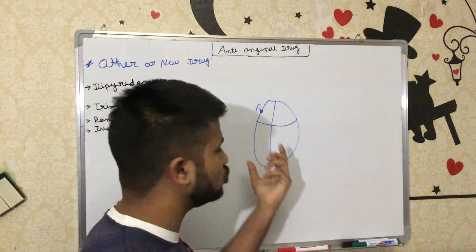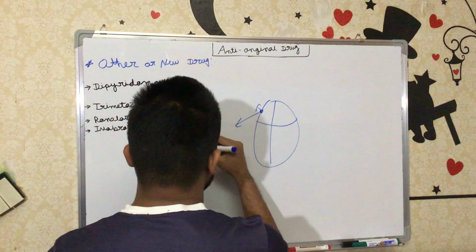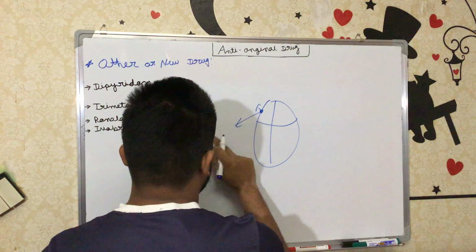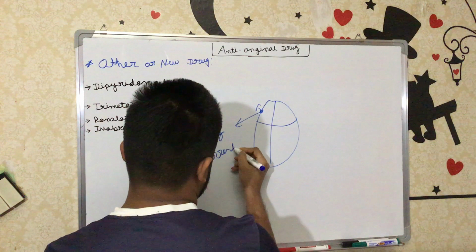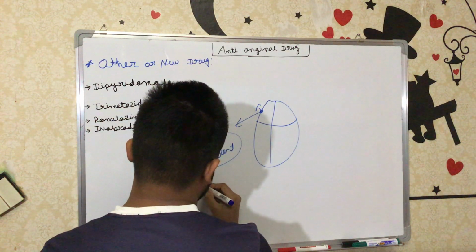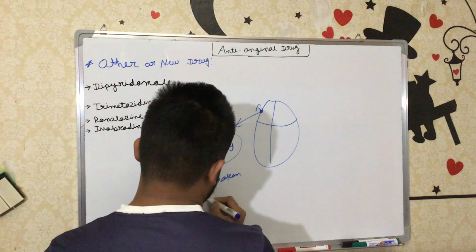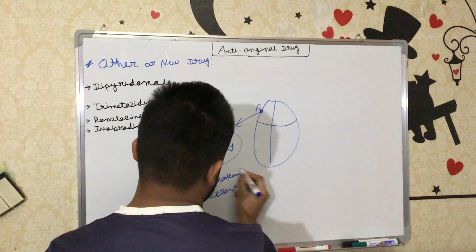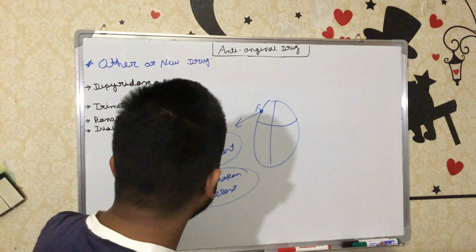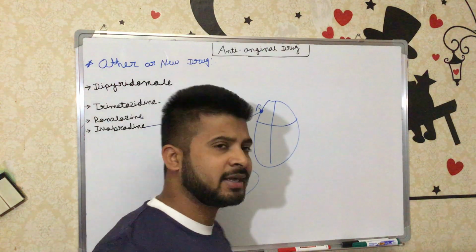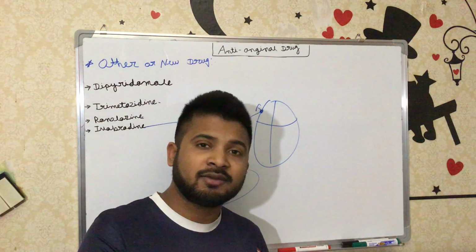Besides these two features, the other feature is the funny current, or we can say the pacemaker current. Ivabradine inhibits this funny current. The funny current mainly acts on the SA node, and it acts like beta 1 without involving beta 1.